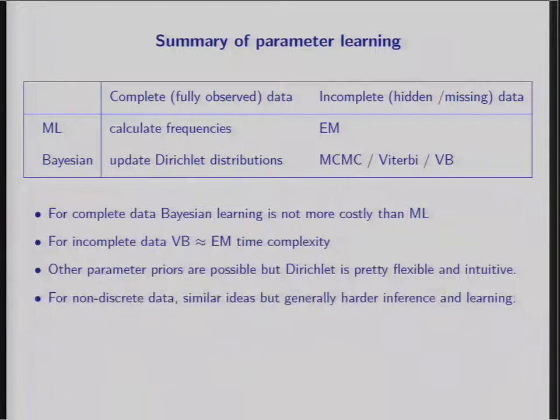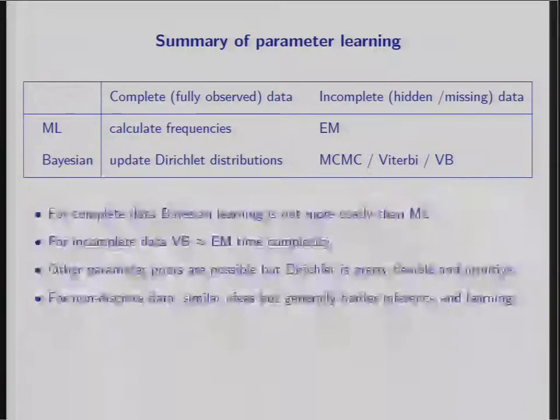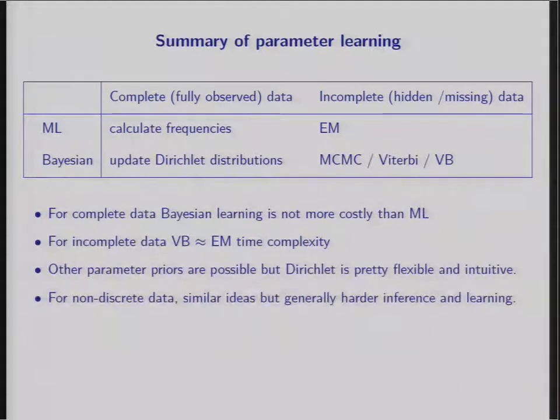If you have incomplete data and you're trying to do Bayesian learning, then you have a slight problem, which is you have two kinds of unknowns. You're assuming that both your parameters are unknown, the thetas, and you have hidden variables x.